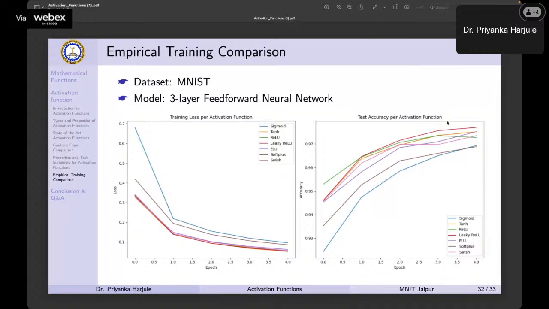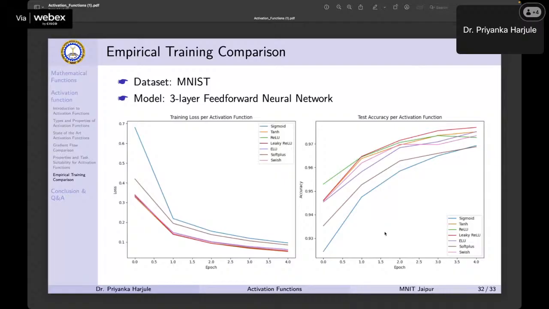So how do we analyze which performed best? The criteria is that it should be fast: fast convergence, low training loss, and high and consistent test accuracy. So based on these criteria, in the training loss, leaky ReLU and Swish have shown faster convergence, faster drop of the loss, and lowest final loss.